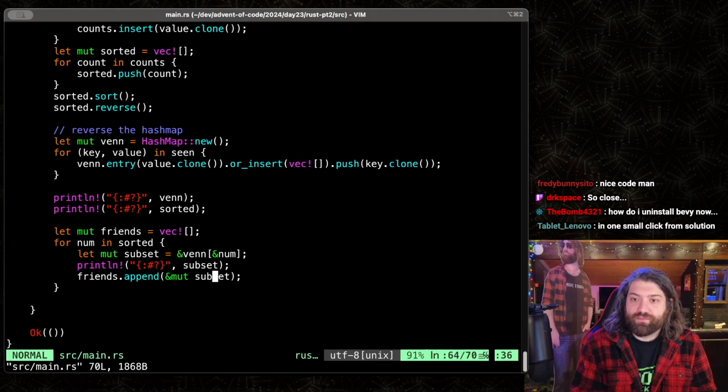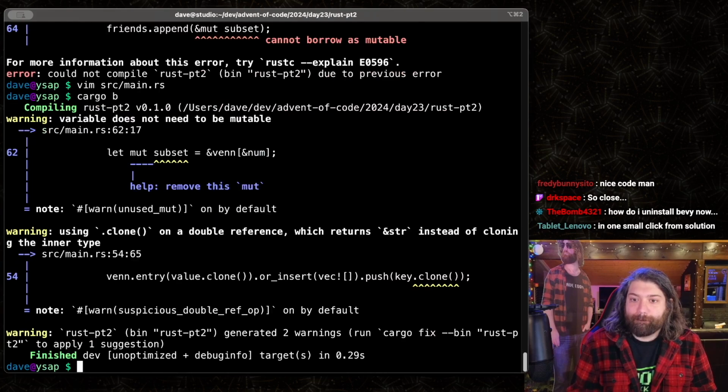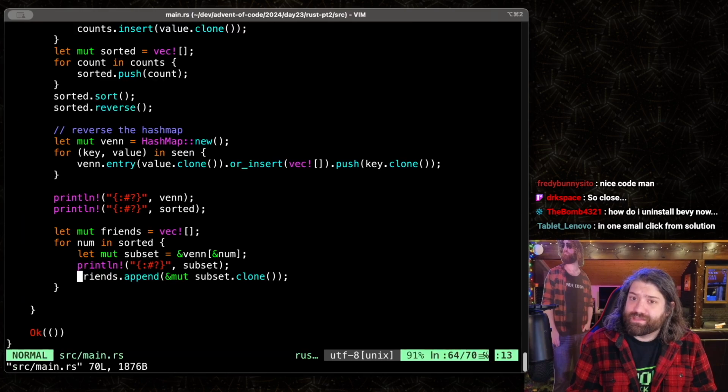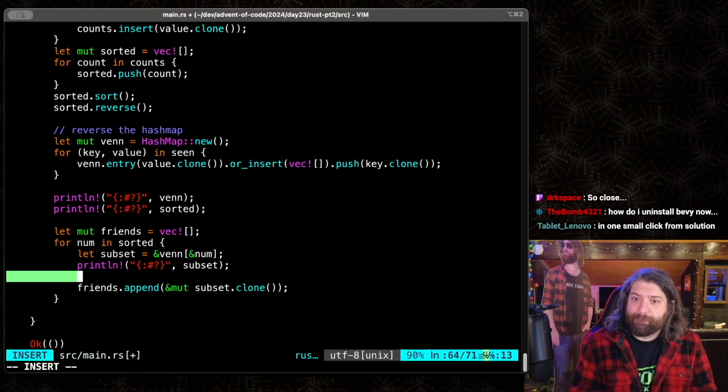Cannot borrow as mutable. Well, what if I clone it? Then you can. Oh yeah, dude. What, a double reference? Interesting. That actually makes perfect sense that it would do that.